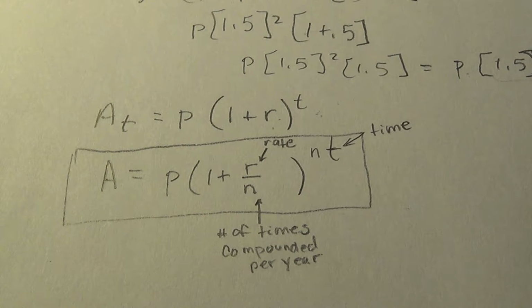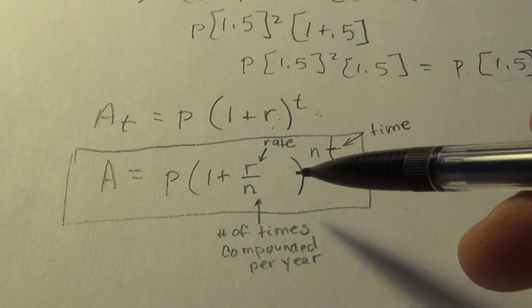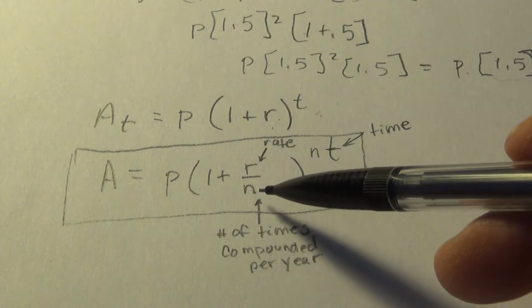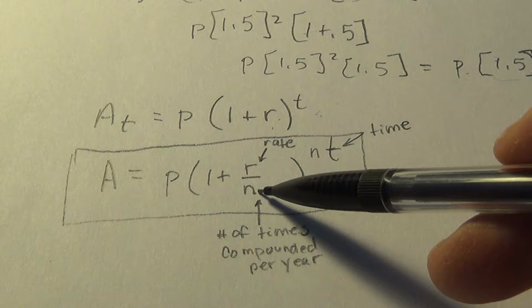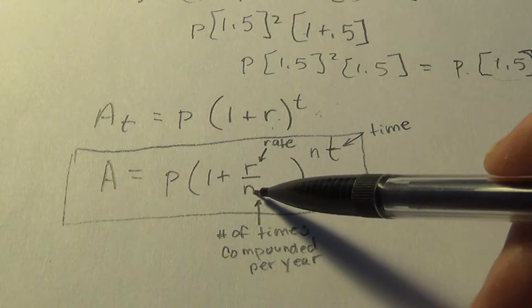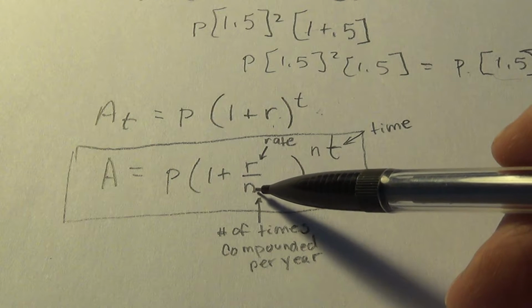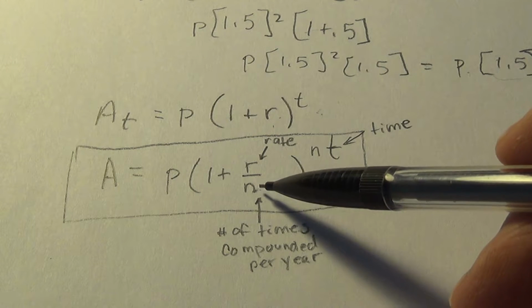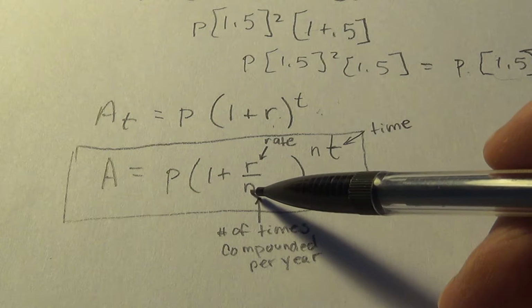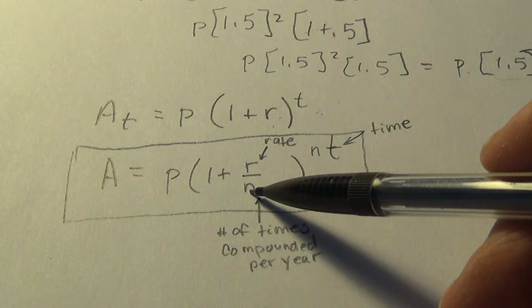You heard me talk about compounding interest for once a year. If it was semi-annually, twice a year, 2; quarterly, 4; monthly would be 12; and could be even daily. So this could be a 365.